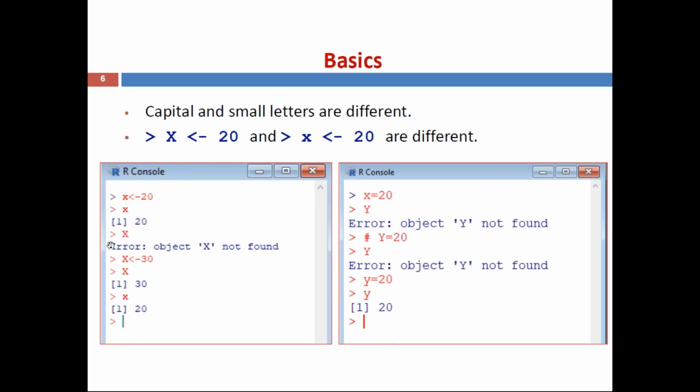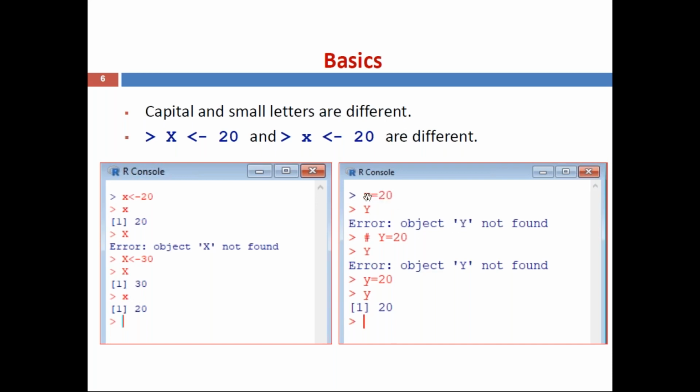So here x is a lowercase letter. Now I used capital X, an uppercase letter. Whenever I called capital X, it shows the error, object X not found. Suppose you assign capital X as 30, you can call capital X, then 30 is displayed. Whenever you call small x, whatever the previous result was, that result is displayed for lowercase x.